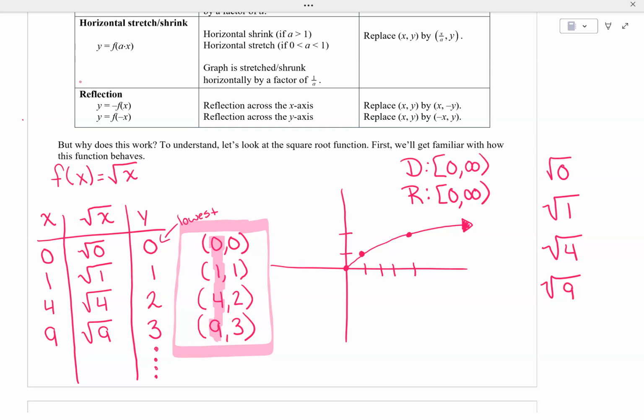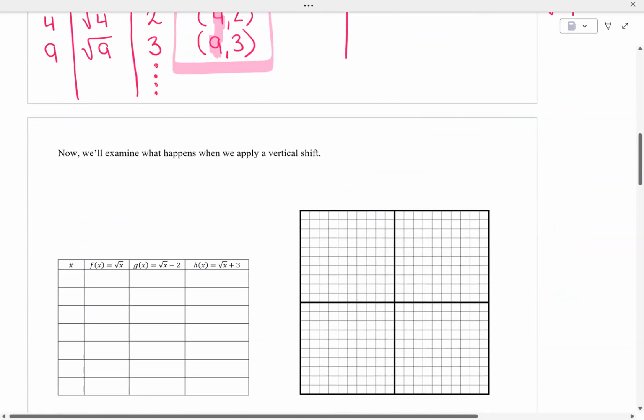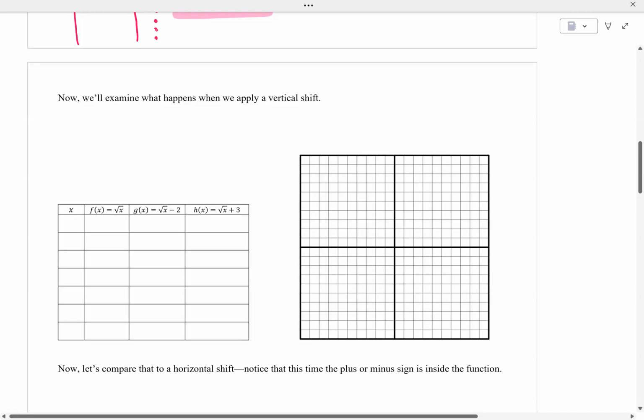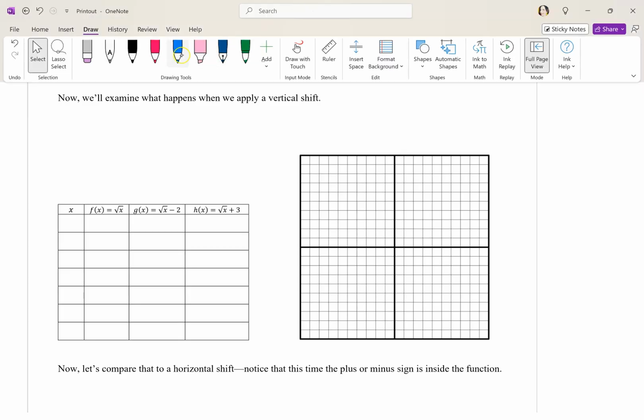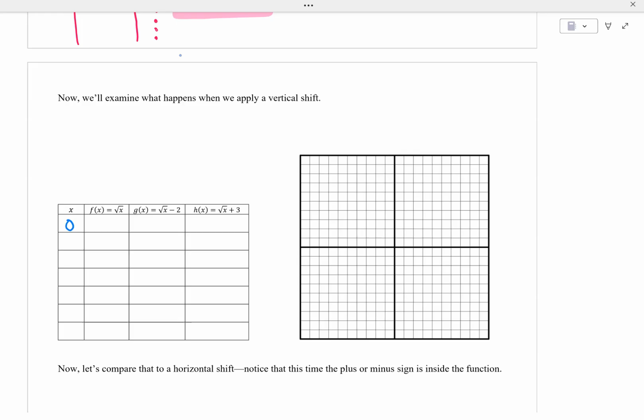Okay? So the first thing we're going to do is we are going to apply the vertical shift. So notice the vertical shift takes place on the outside of the graph. So I am going to do the original in blue. So if I plug in a 0, the square root of 0 is 0. So I'm going to put a 0 right there. If I plug in a 1, the square root of 1 is 1.